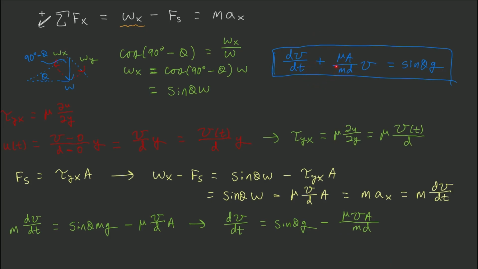You could solve this equation through multiple means. You can solve this by collapsing some of these constants into class constants, so to speak, and then solving it using separation of variables. You can solve it using integration factors. You could solve it through Python or MATLAB or Octave or any one of those scripting languages. For this video, we're just going to jump to the solution, and then I'll make another video on how to theoretically solve an equation like this through both class constants and separation of variables and through integration factors.